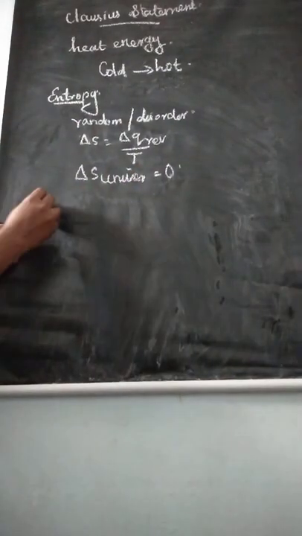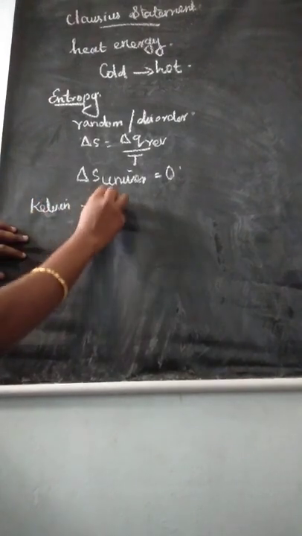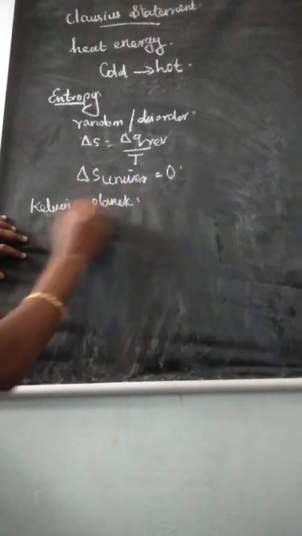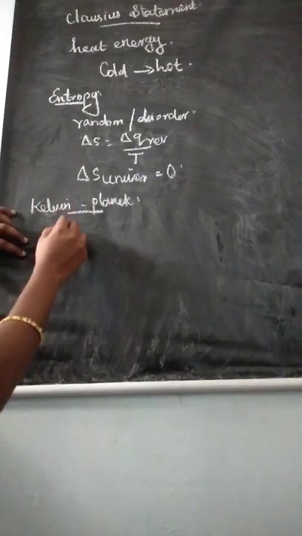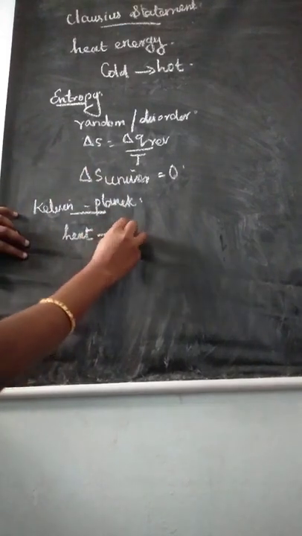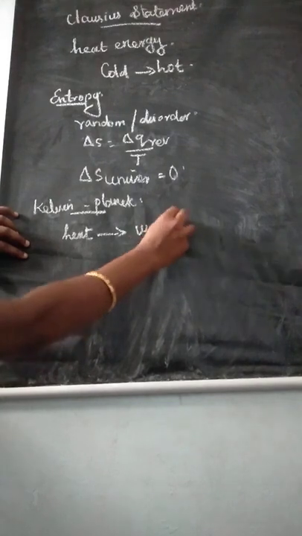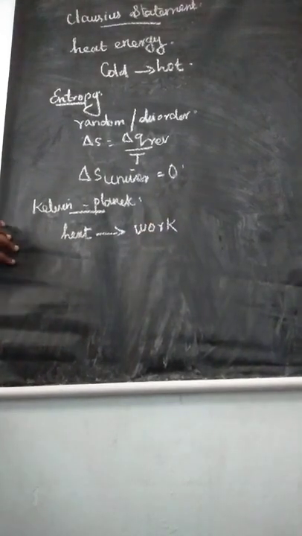Then the second statement we learn is the Kelvin-Planck statement. Kelvin-Planck statement means it is impossible to absorb heat and convert heat to work.